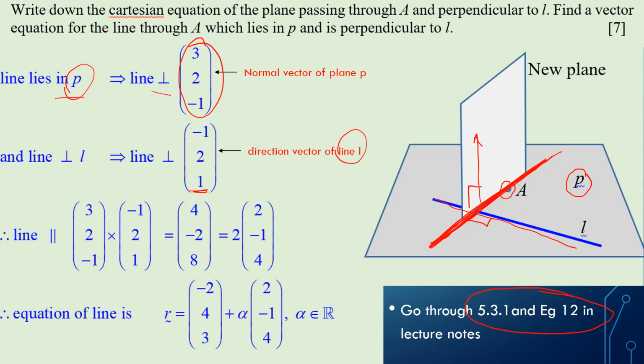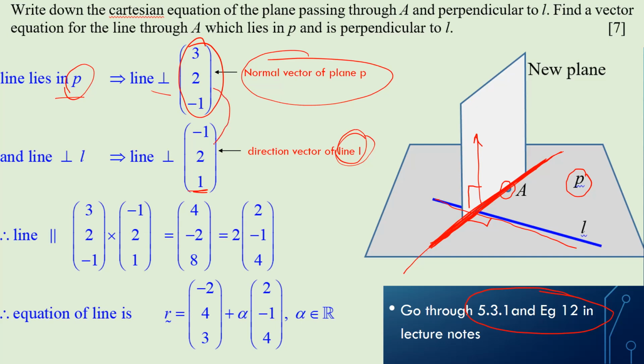So this red line is perpendicular to two items at the same time. It's perpendicular to the normal vector of plane P. This red line is also perpendicular to my line L. So going back to the fundamentals behind your cross product, cross product produces a vector that is perpendicular to two other vectors.